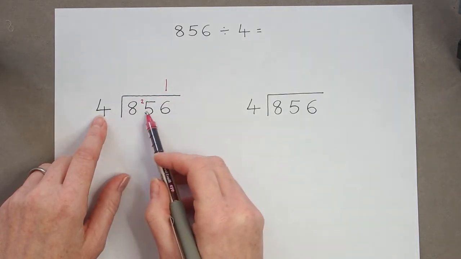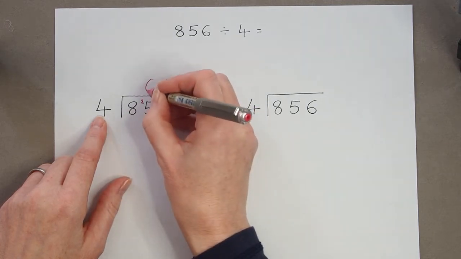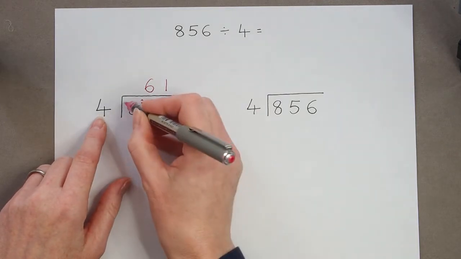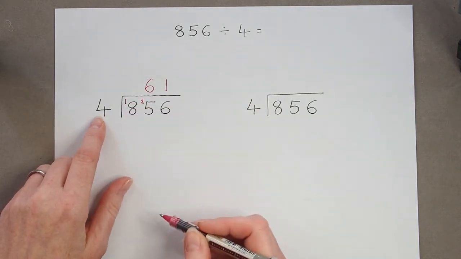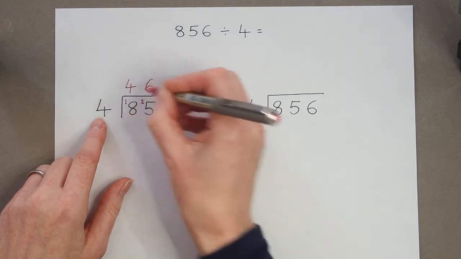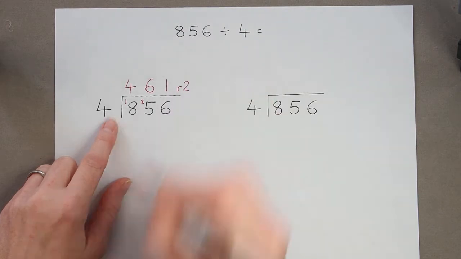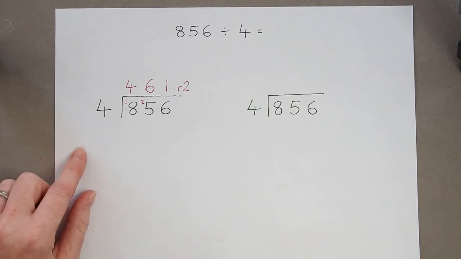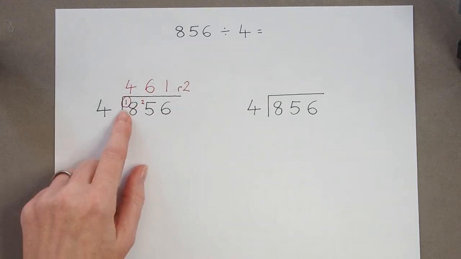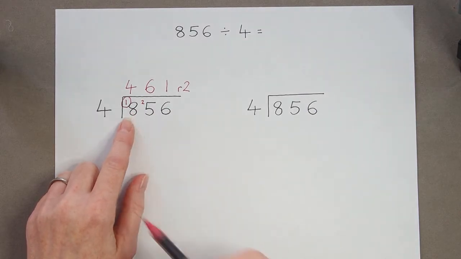And then 25 divided by 4 is 6, and there's a remainder of 1. And then 18 divided by 4 is 4, and there's a remainder of 2 which will stick on the end. So a clue that they've gone wrong here is this first digit has got a remainder, which if we are working correctly can't possibly happen.